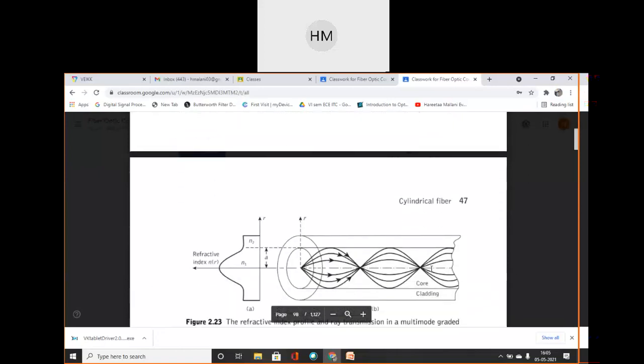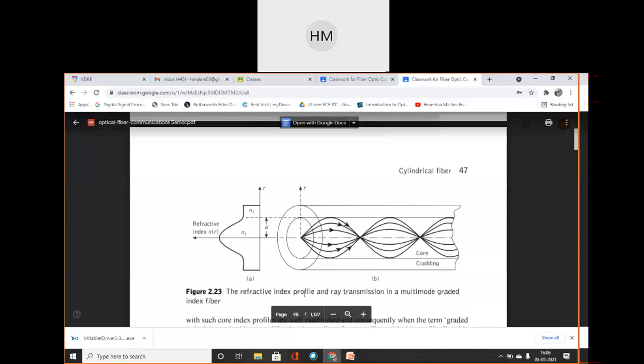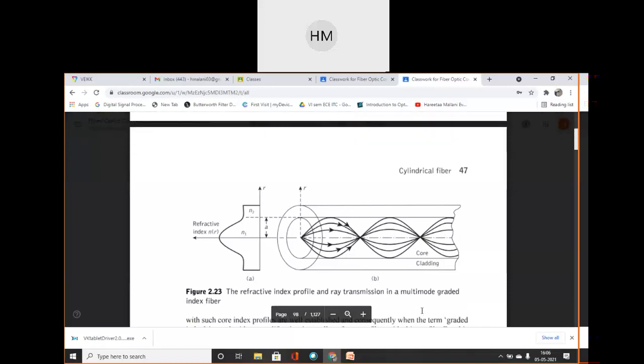Okay. So now you can draw this diagram. This is the refractive index profile and ray transmission in a multimode graded index fiber. Here you can see the profile which we have selected is N1. This is for multimode.